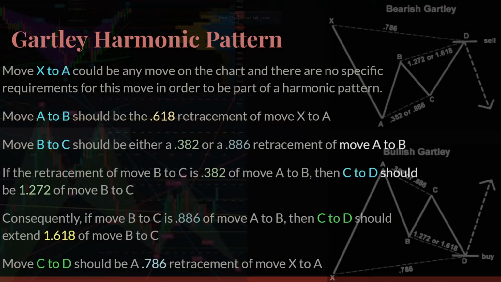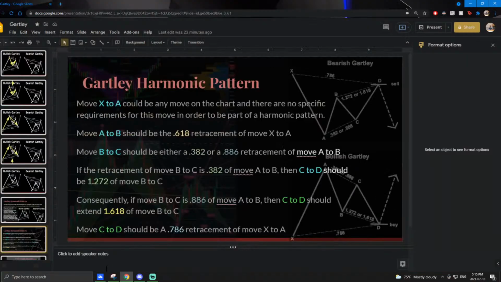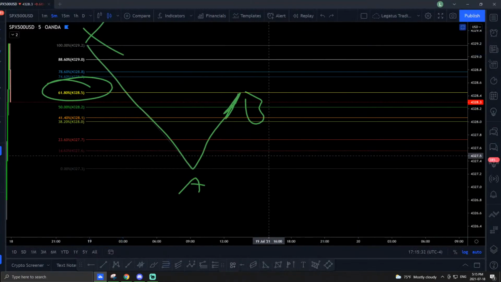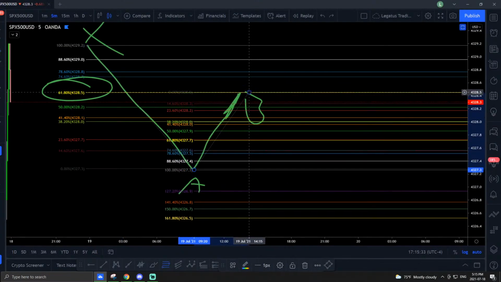And essentially, the move from B to C should be a 38.2 or an 88.6. You can see here on the chart on the right, it tells us the 38.2 or an 88.6. So there are a couple of different potentials it could get to on this next retracement. What we're expecting is a 38.2.